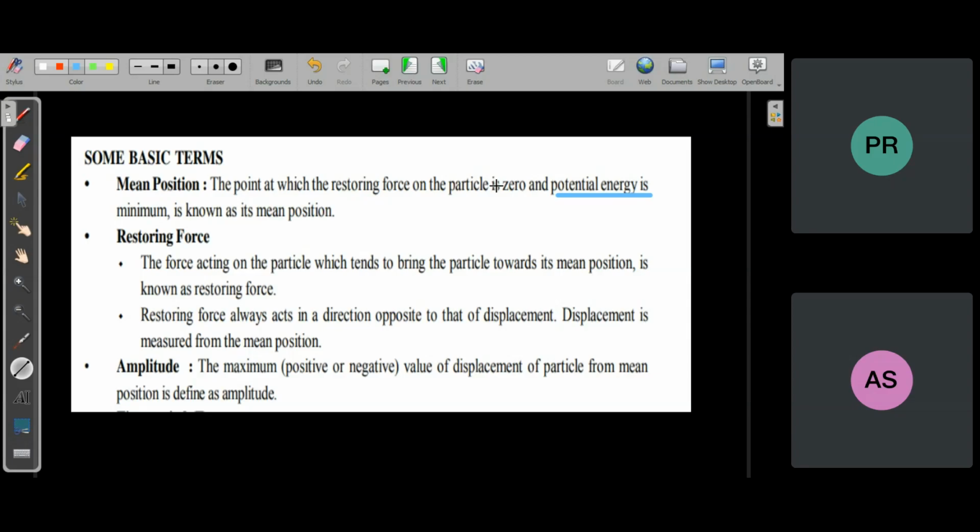And because the mean position is a position of stable equilibrium, the potential energy at the mean position must be minimum. I'm not saying it must be zero, it must be minimum. Are you getting it?